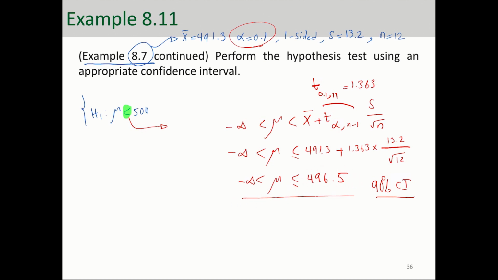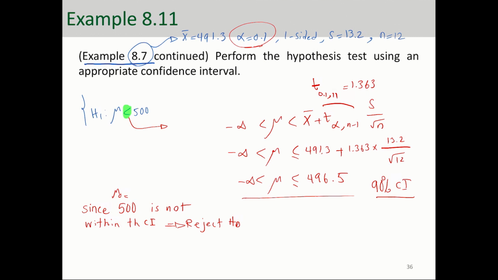So therefore, we reject the null hypothesis, since 500, which is the mu naught, is not within the confidence interval. We reject the hypothesis that mean tensile strength is equal to 500.